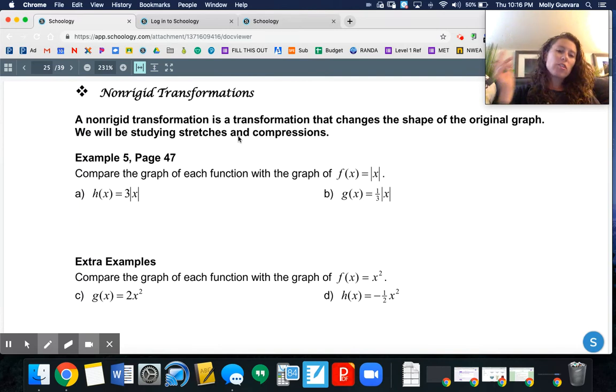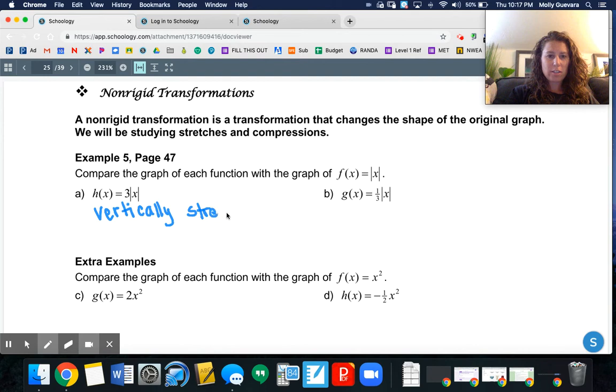Okay, so if the number in front of the function is greater than 1, what's going to happen is I have a vertical stretch. So this is vertically stretched by a factor of 3.